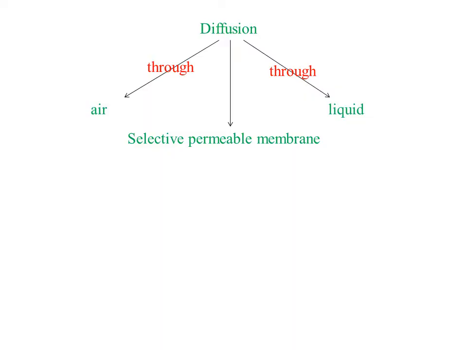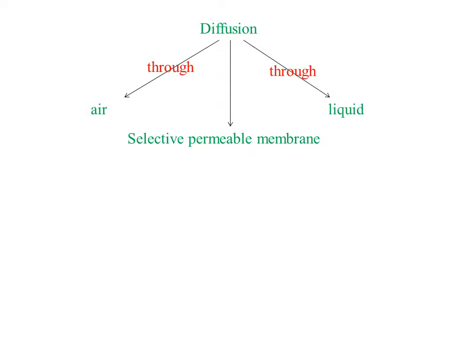We will discuss a concept called diffusion. This is when molecules move from an area of higher concentration to an area of lower concentration. These molecules can move through air. They can move through liquids.